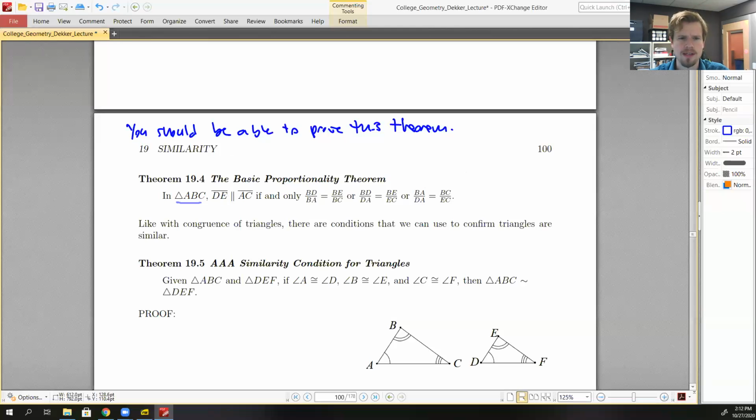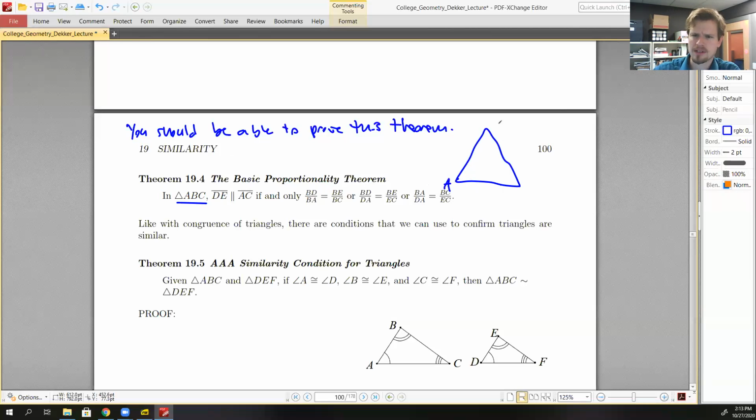In a triangle ABC, so let's take a look at a triangle ABC. We have that DE is parallel to AC if and only if we have one of these equalities here. So what are we talking about?